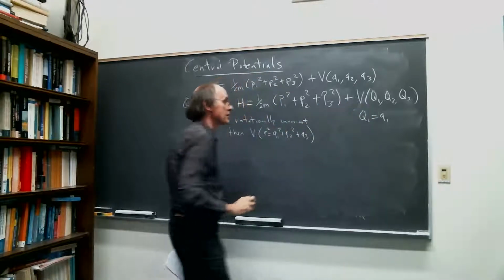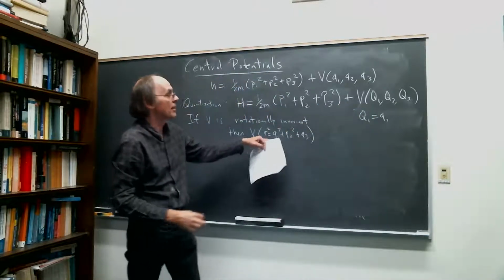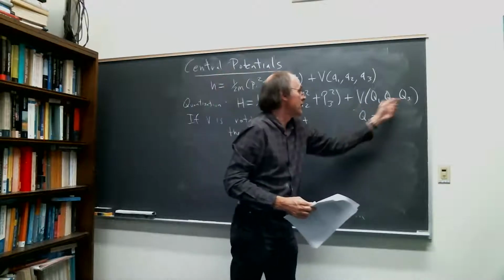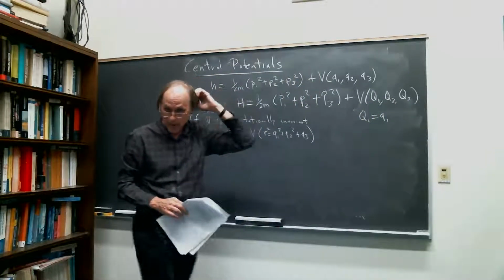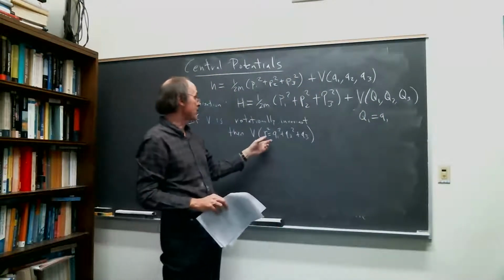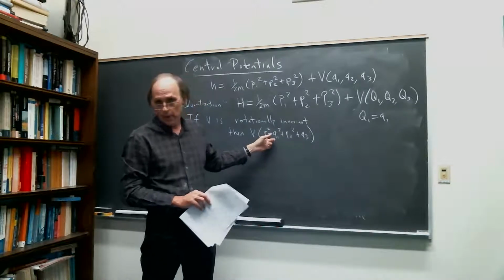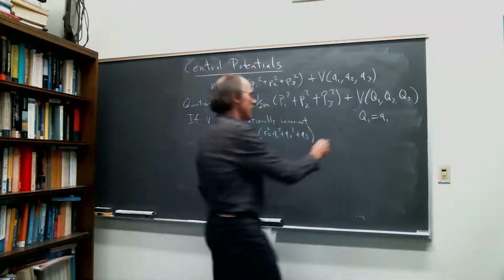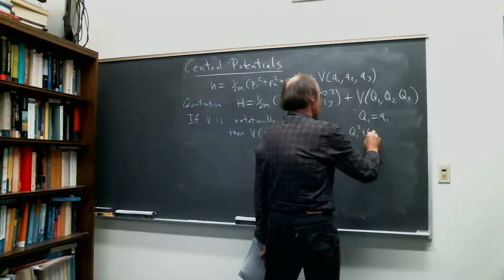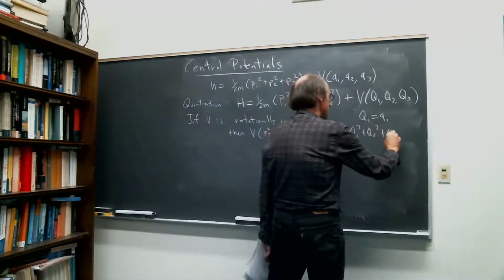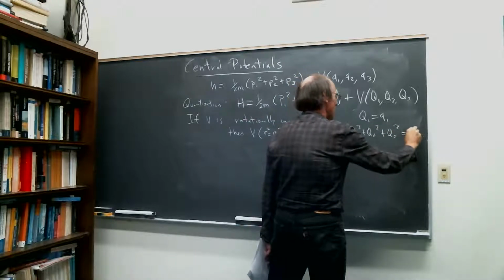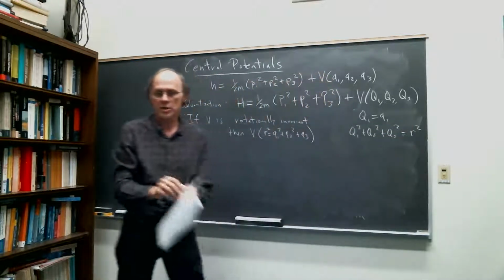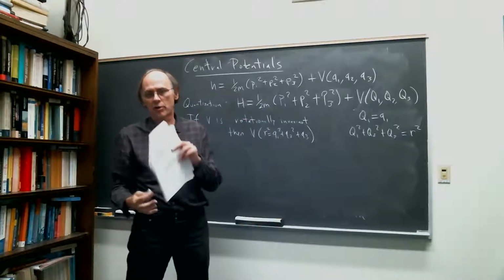In terms of these operators, it only depends upon the sum of their squares, and the sum of their squares acts by the radius squared, the distance squared to the origin. So Q1 squared plus Q2 squared plus Q3 squared acts by multiplication by R squared, where R is the distance from where you are to the origin.